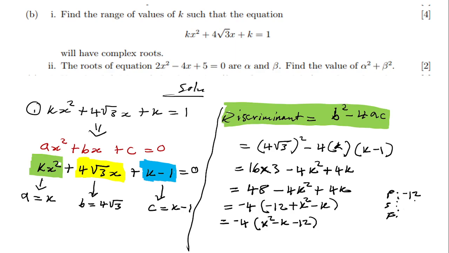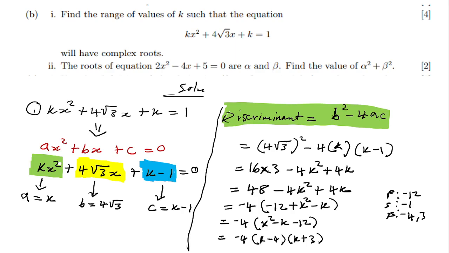The sum is -1. Automatically the factor will be -4 and 3. So it will be -4, and then open bracket, k minus 4, and then close bracket, the other one will be k plus 3. Now those are the guys which you have after factorizing.